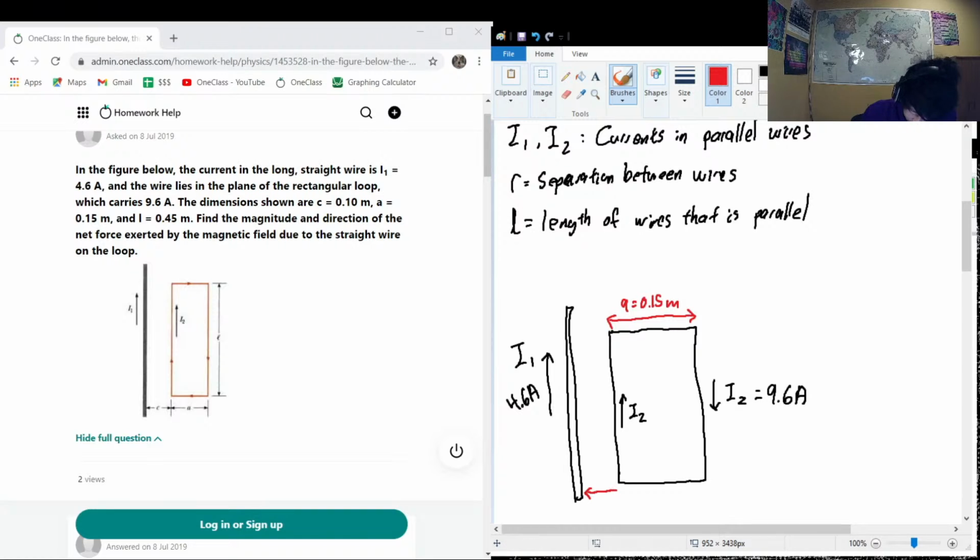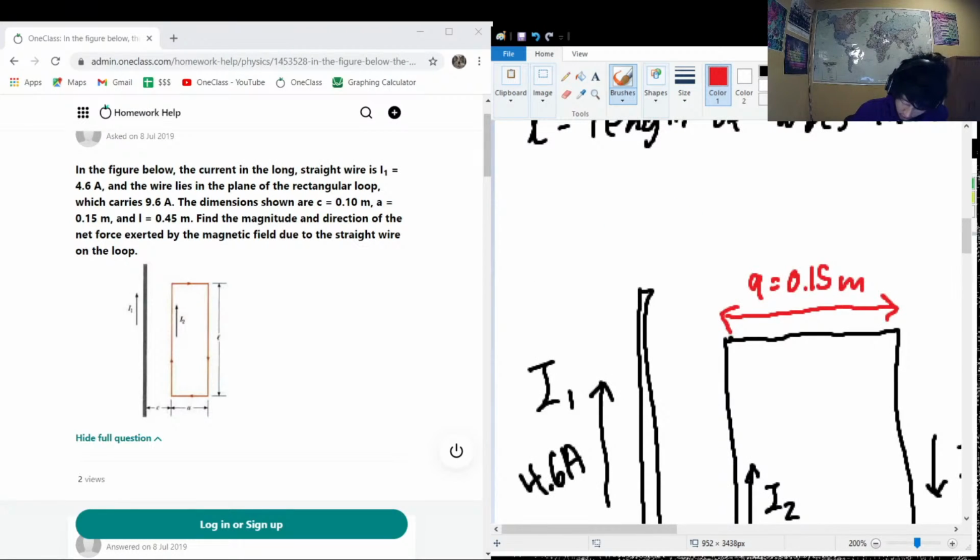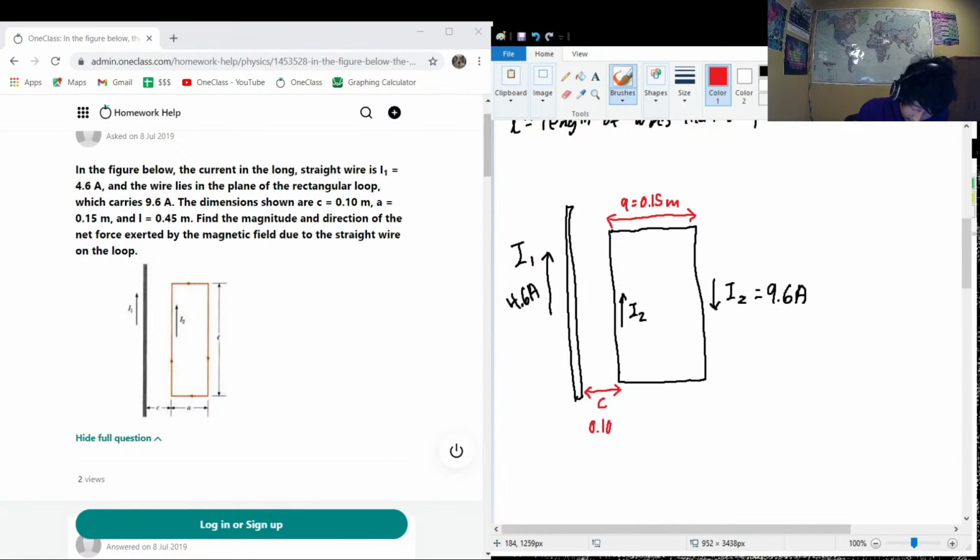The separation here, that is C, and C corresponds to 0.10 meters. And this distance, pretty much the height of the rectangle, that is given as L, which is 0.45 meters.